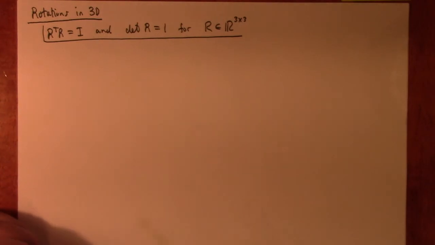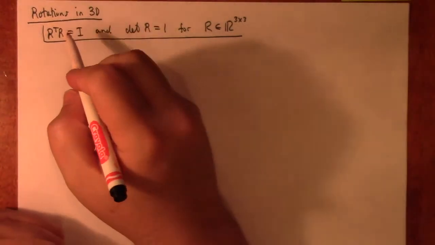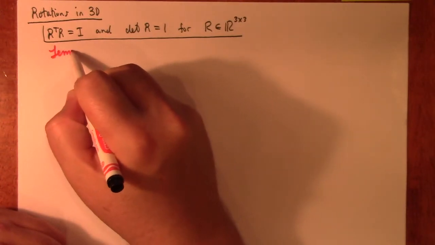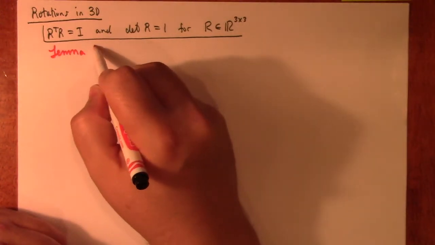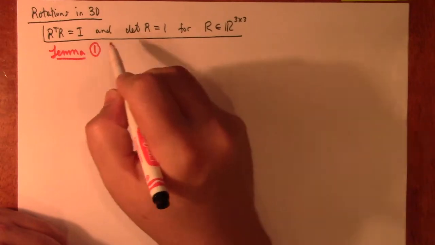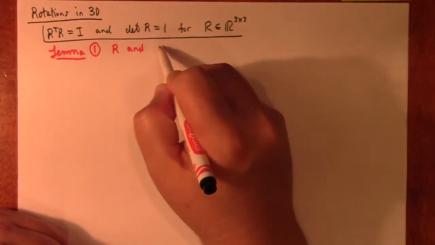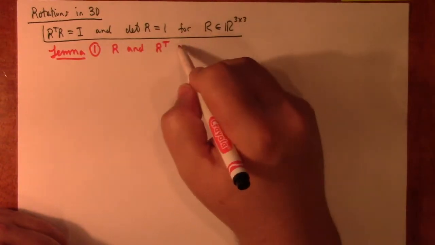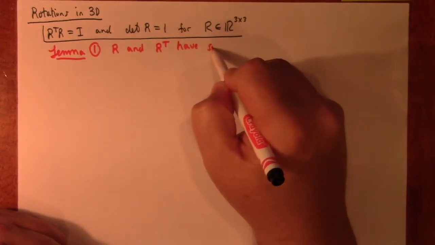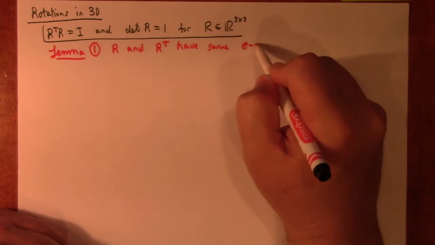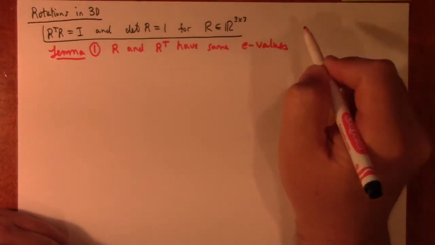So I'm gonna drop some knowledge on you. Lemma number 1. R and R transpose have the same eigenvalues. All right.